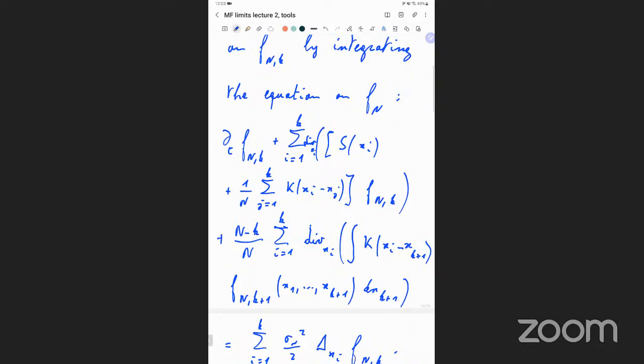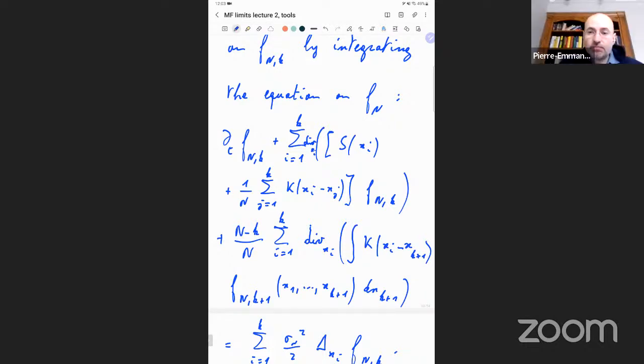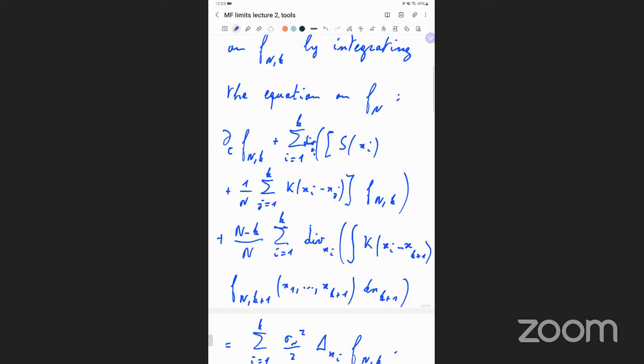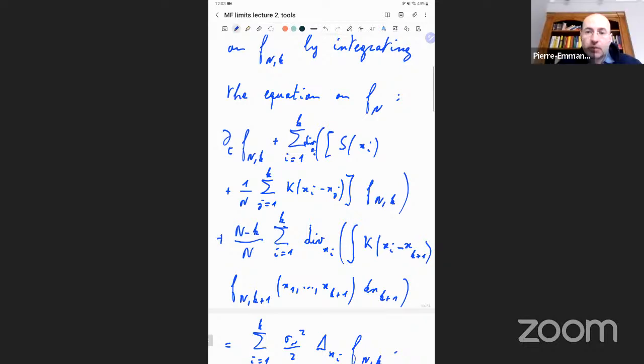And I found in the literature that people use, as you showed us in the first part of this lecture, the law of large numbers to expect the state, let's say xi, to be close to the solution of the McKean-Vlasov equation, right? Yes, yes. But I'm actually going to give you the proof of that tomorrow afternoon.